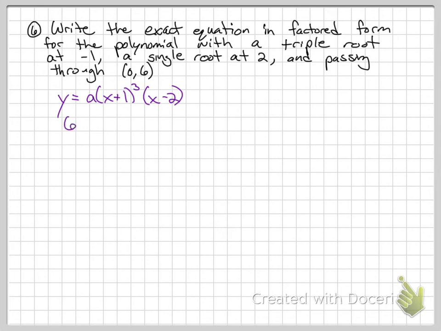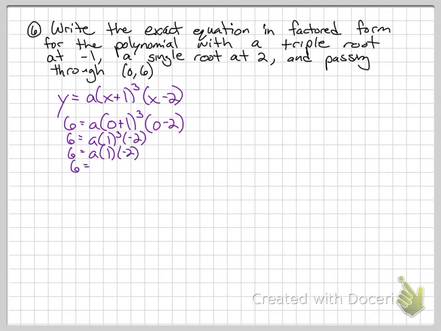Passing through (0, 6), I'm sorry. One cubed is still 1. A is negative 3. Don't forget to answer the question. The question was for an equation. There you go.